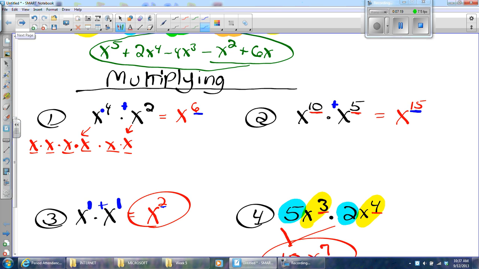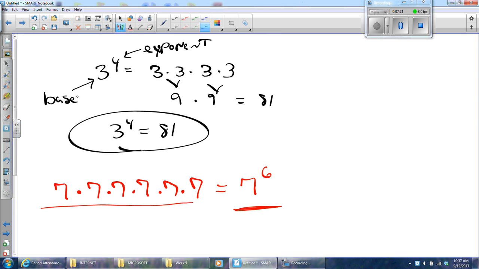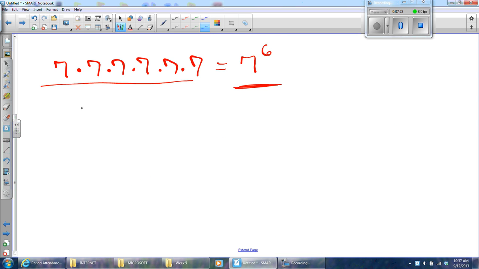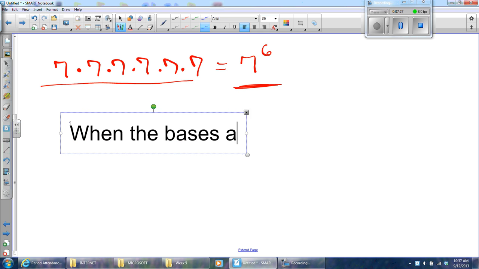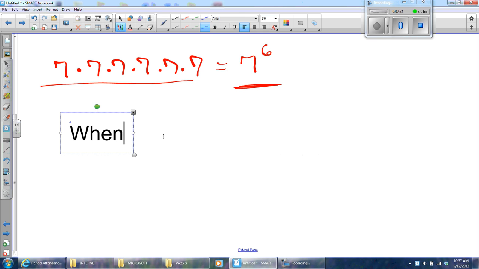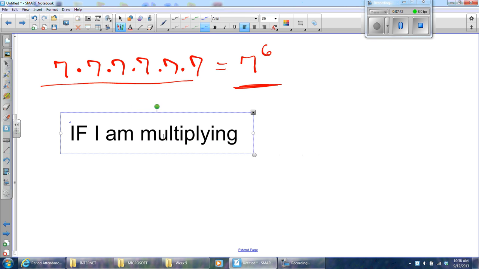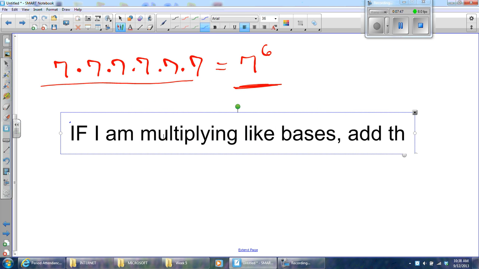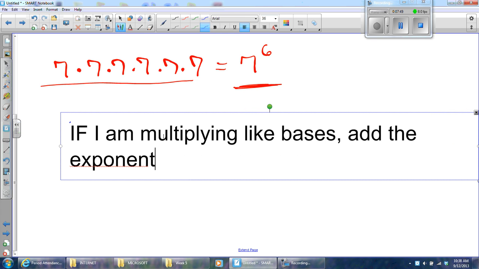There's a rule, and you'll want to write this down. You want to have this in your notes. Okay, let me start this over. If I am multiplying like bases, add the exponents.